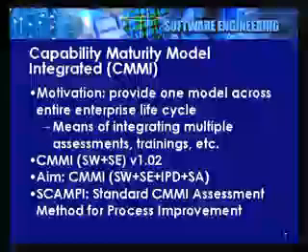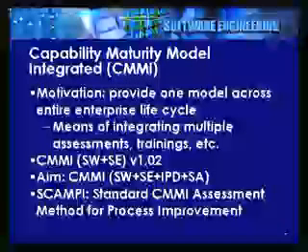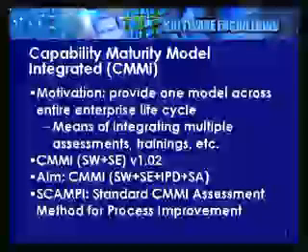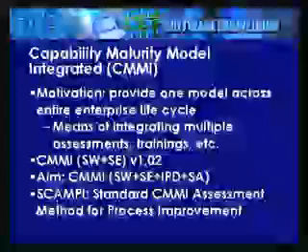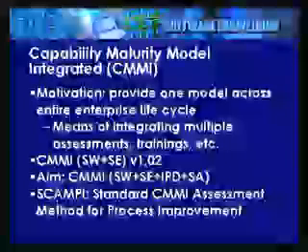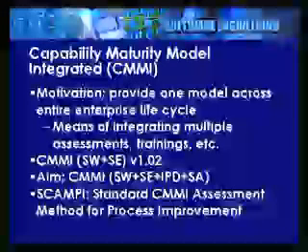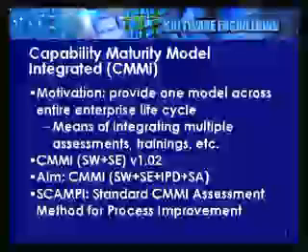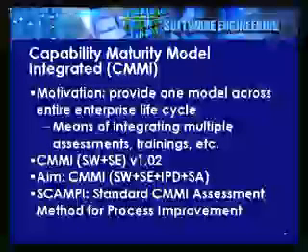Okay. So, different models can be clubbed together to form a new model. So, we have CMMI software and systems, version 1.02, and the ultimate aim is to have a CMMI which integrates four models: software, systems, the product, getting the product done, and the acquisition of the product.